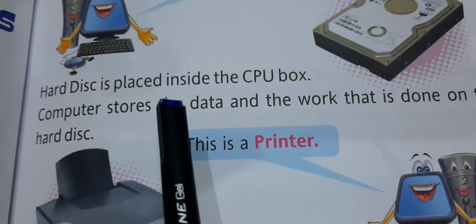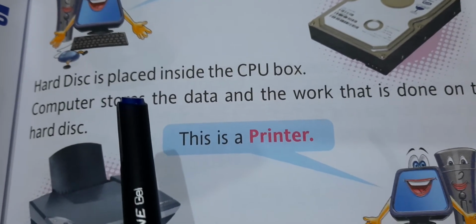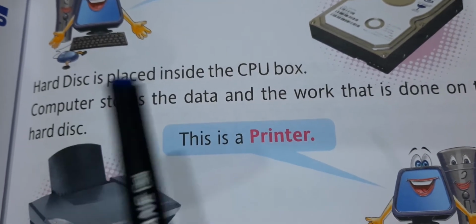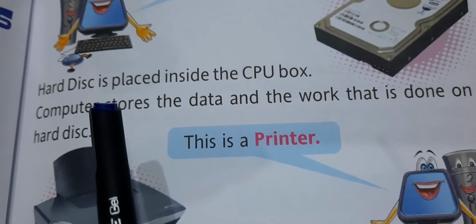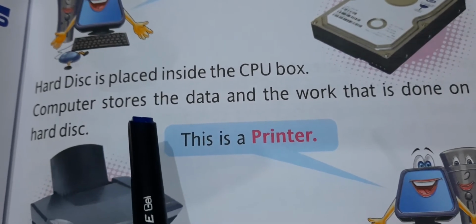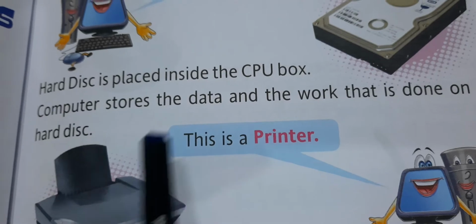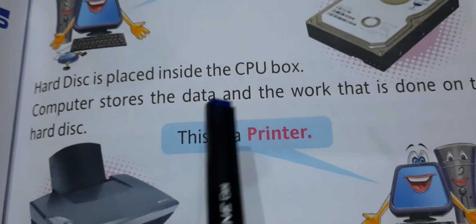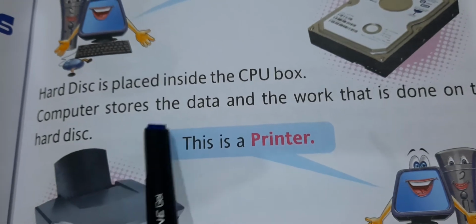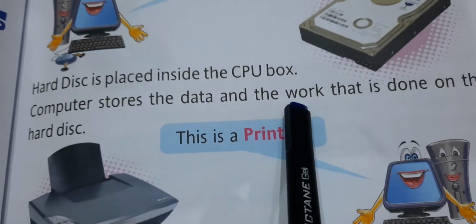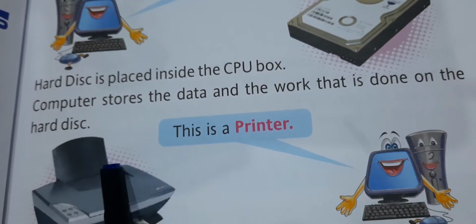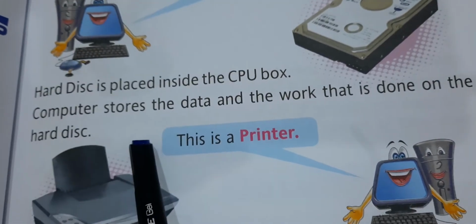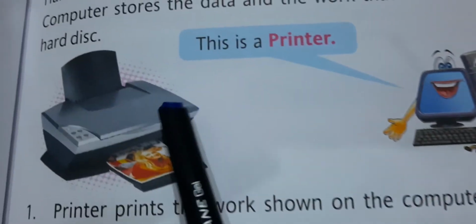We usually remove it only when we have to move from one place to another, and because it can store a large amount of data, we let it be placed inside the CPU box most of the time. Fine. It is also used for storing the data and the work that we do on the computer.